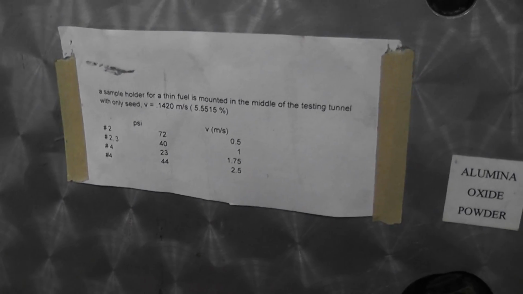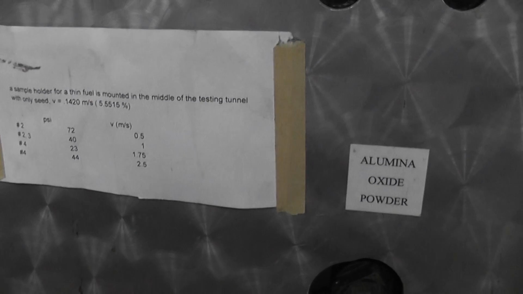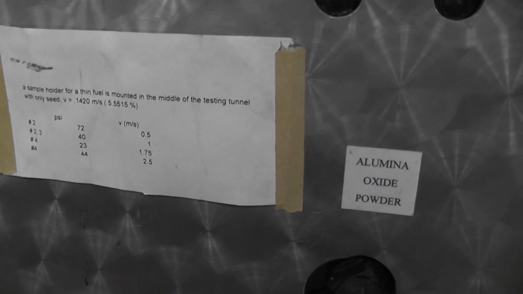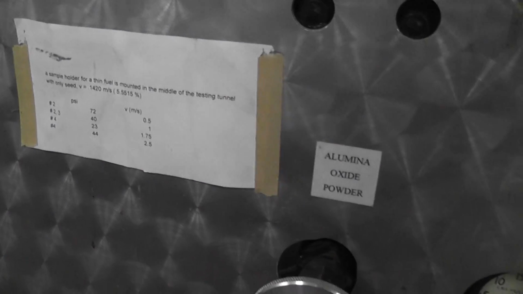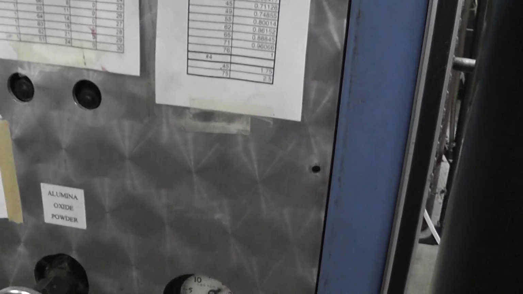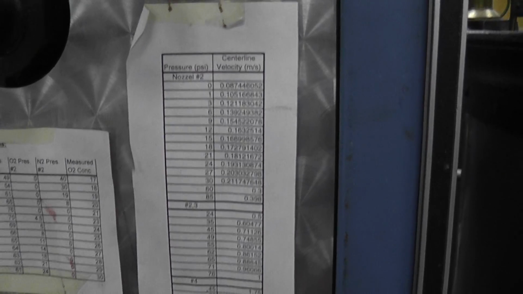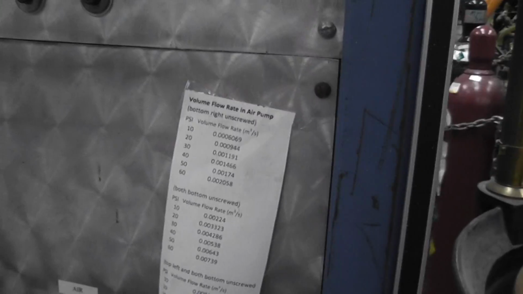And down here someplace it's going to say that if you have number 2 open and the PSI reads 72, the velocity coming out of there is 0.5 meters per second. So this is somebody's work a while ago. I would be looking for centerline velocities. These are all centerline. Here's a flow rate over here.